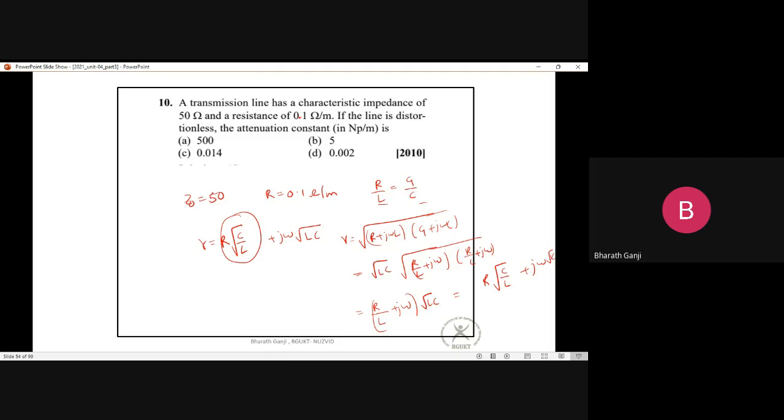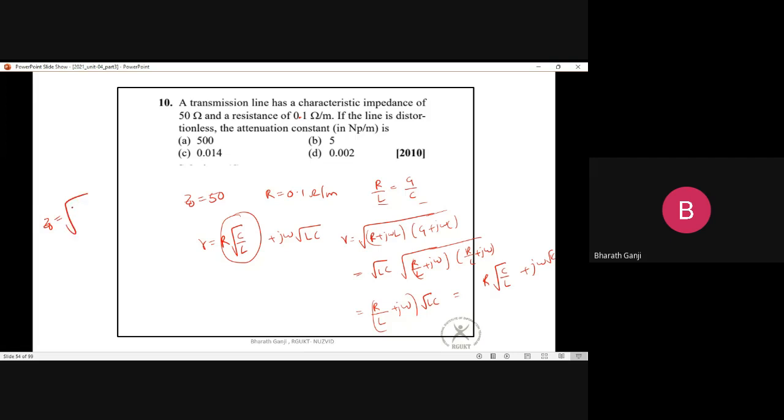Here the line is a distortionless line and of course the resistance is given. So we need to calculate Z0.